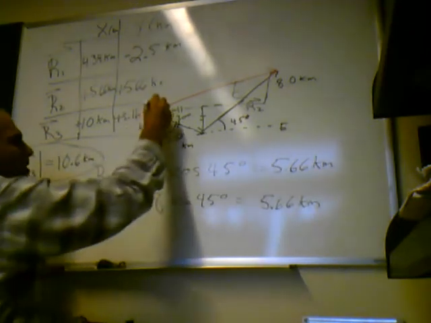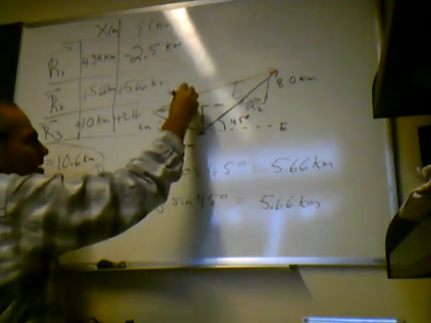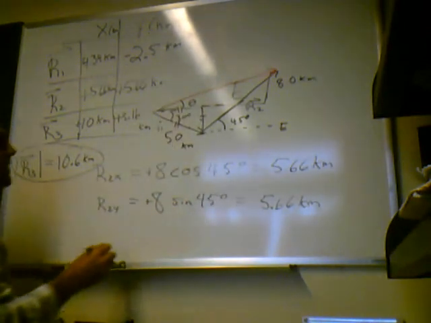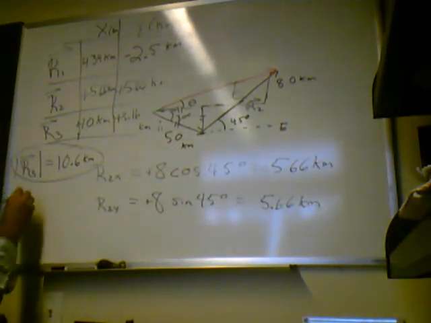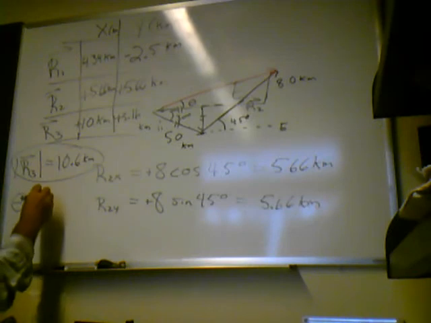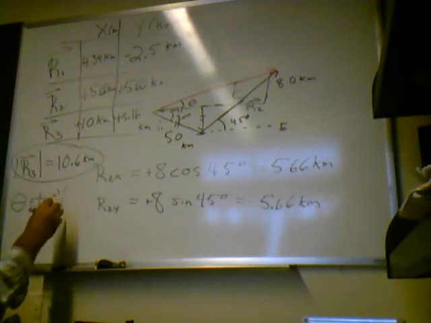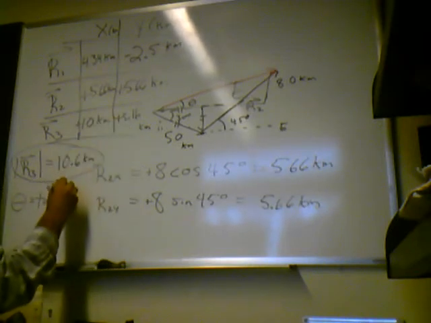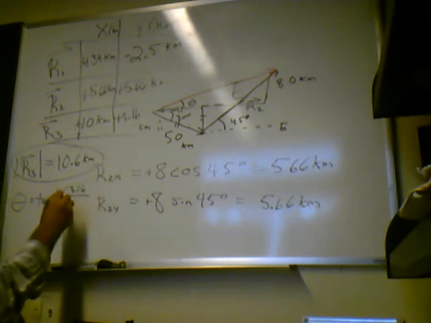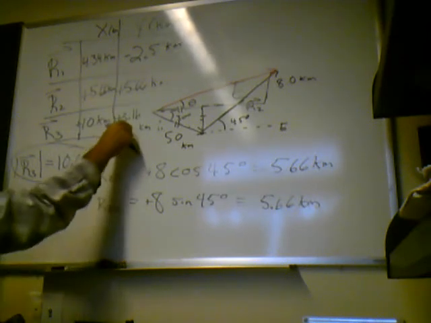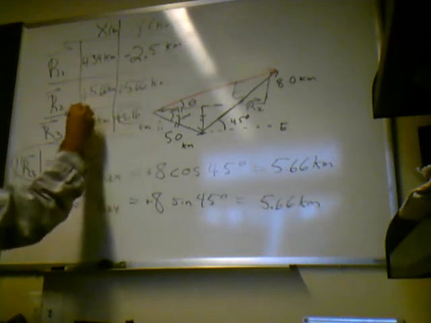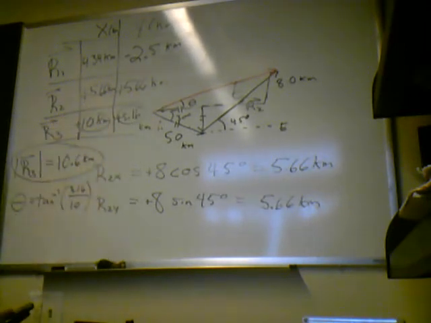Now the direction I have to walk is given by the angle between this red vector and the eastward direction, and you can find it by taking the inverse tangent of the y, the opposite side, 3.16, divided by 10. I take the inverse tangent of this one divided by this one, and that's going to give me an angle.